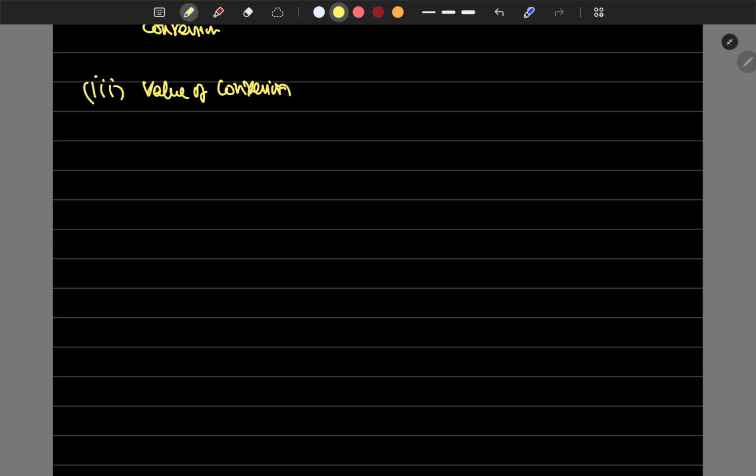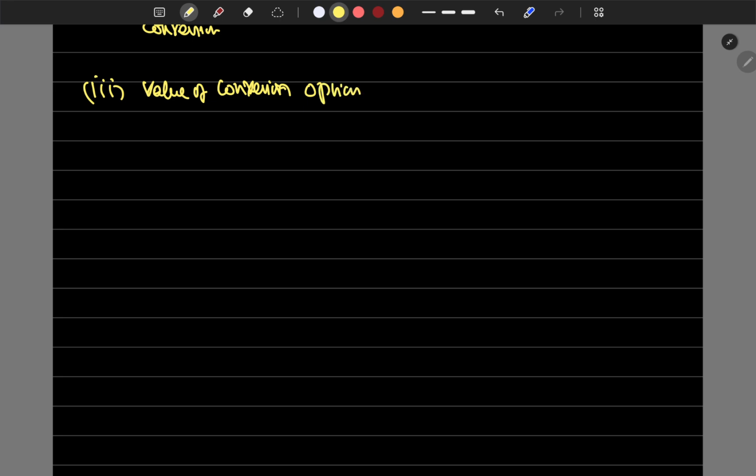How much do I get as a dividend, and also, considering the growth rate, what would be the share price after the 3 years? That we have to find out, comparing both the bonds and shares on the same scale, and choose the best option. That we are going to do here.